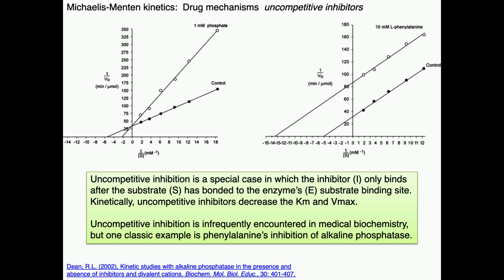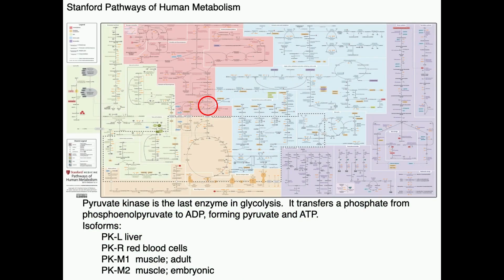Okay, should we look at an example? Some examples here, and we're going to talk about both comparing isoforms and potentially how drugs work. At the very bottom end of glycolysis is an enzyme called pyruvate kinase.